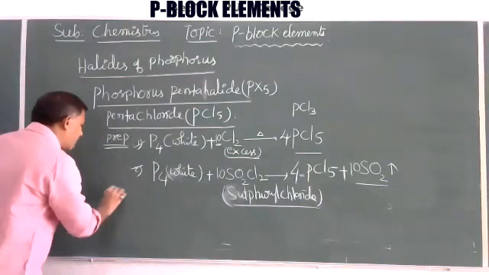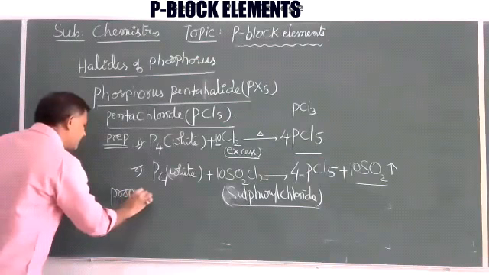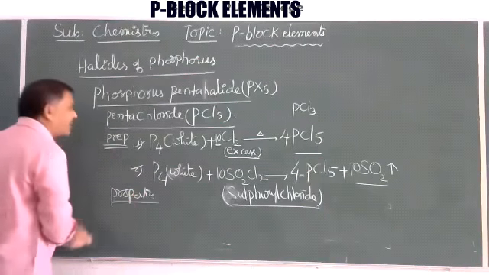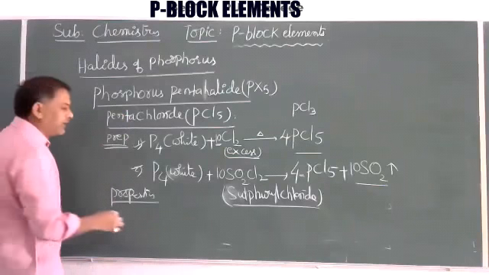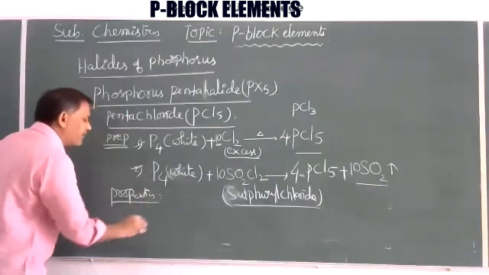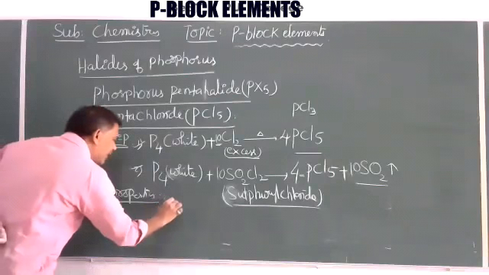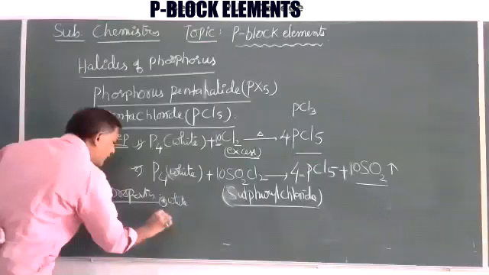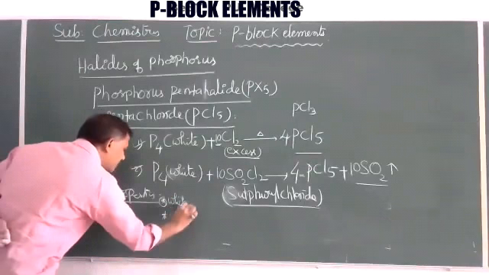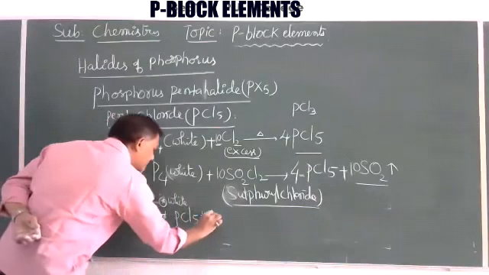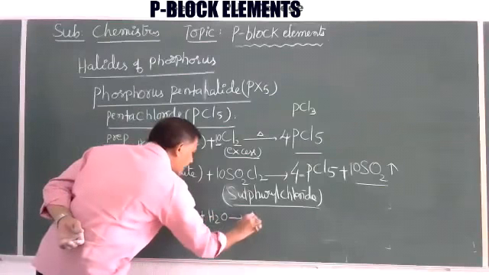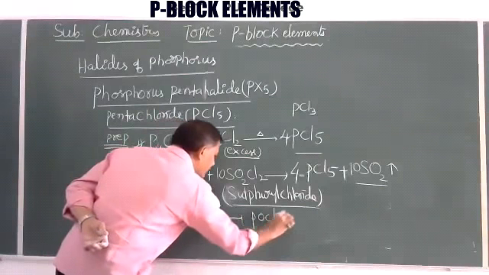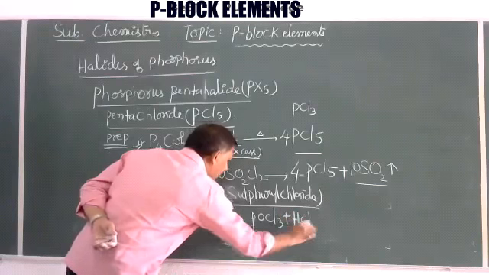Now the properties. Just like phosphorus trichloride, pentachloride is a crystalline solid, white crystalline solid. On hydrolysis, PCl5 forms phosphorus oxychloride, POCl3, and HCl.